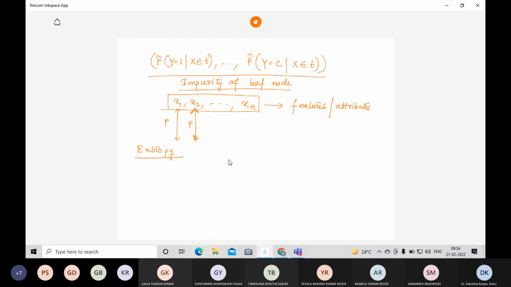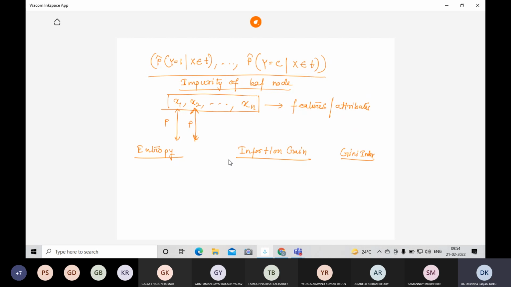Then we will talk about information gain, which is the second one, and the third one is the Gini index. Using these three splitting parameters, entropy, information gain, and Gini index, we can further split the decision tree into a number of branches.